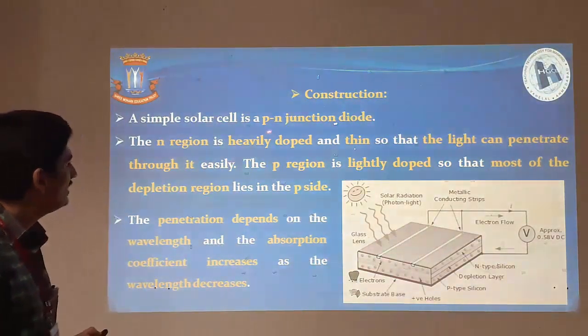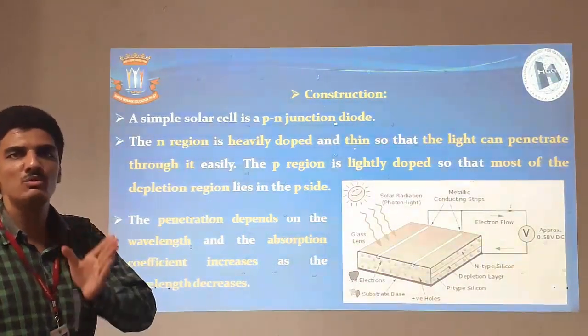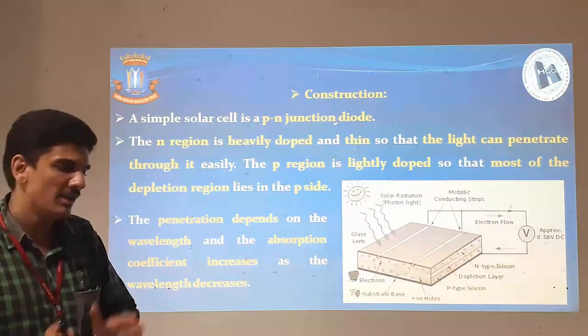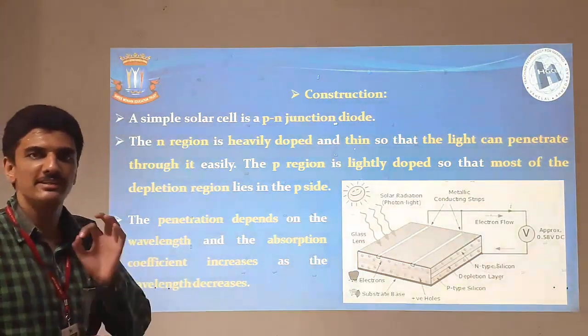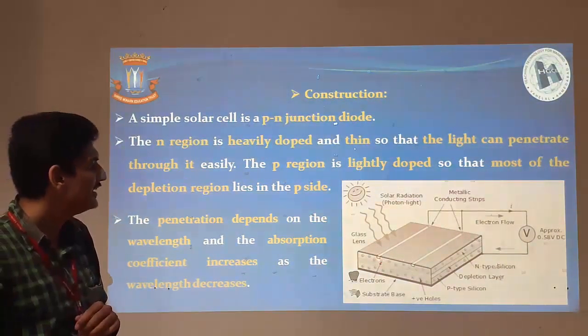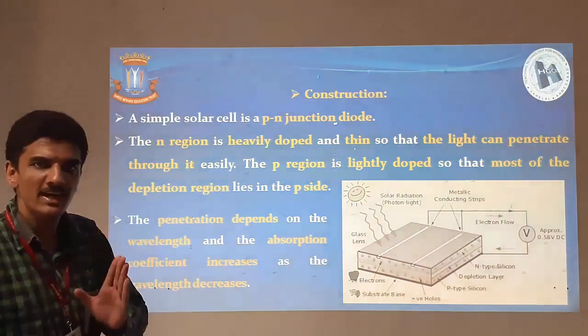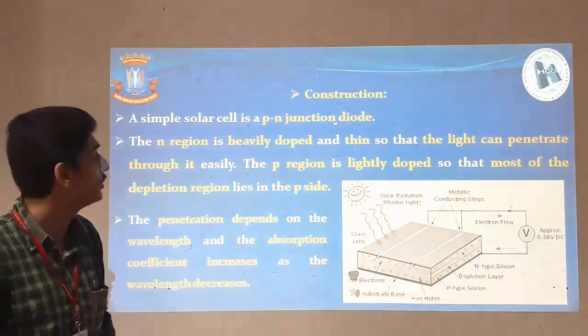The N region is heavily doped. Heavily doped means the higher amount of charge carrier concentration has been imparted into it, and that's why we have used the word heavily doped. So, we can consider the higher amount of electrons in this particular area where there is an N-type silicon.